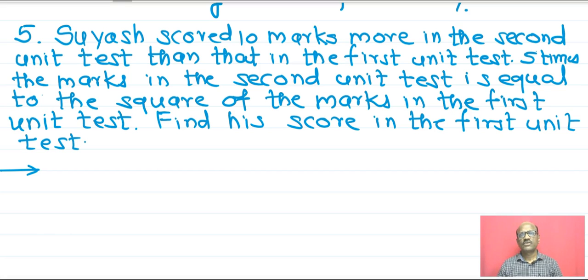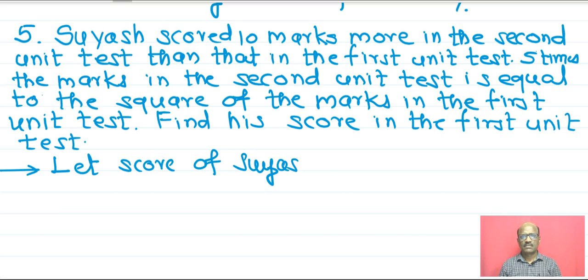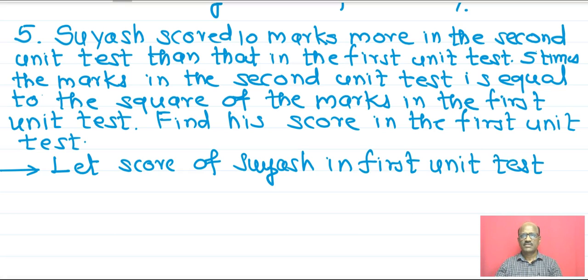Let the score in the first unit test be x. Score of Suresh in the first unit test is equal to x.